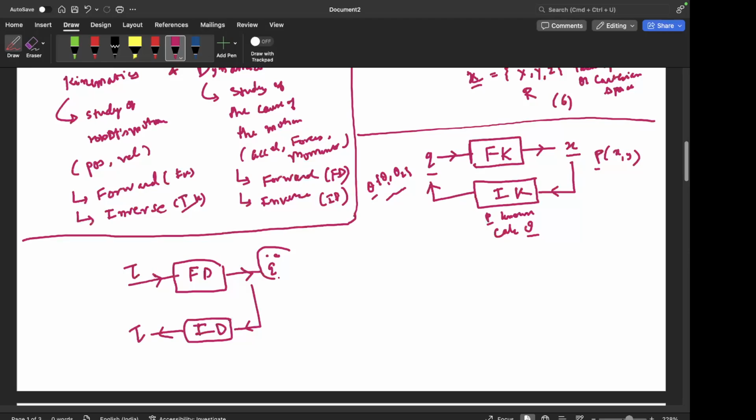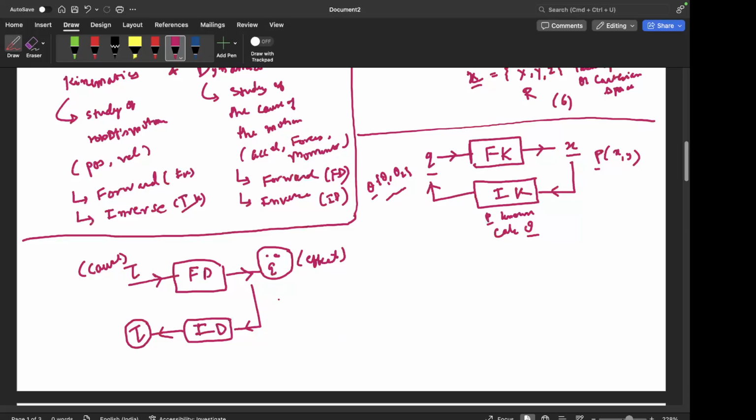So as you can understand, this is the cause and this is the effect. In forward dynamics, the cause is known and we use the equation of motion to find the effect, right?